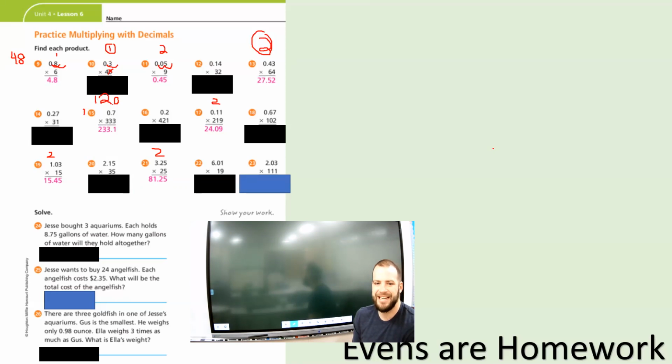So 2.03 times 111, triple by triple. Get rid of the decimal, and then somewhere make a note of how many digits were after the decimal. 2. So we have triple by triple. Looks like a Rubik's Cube.